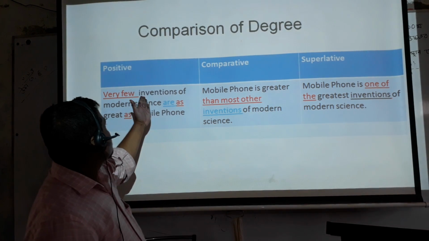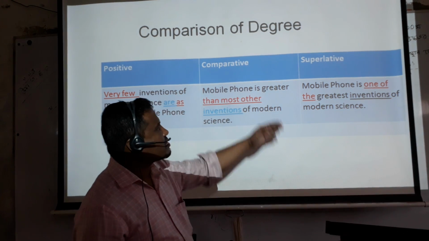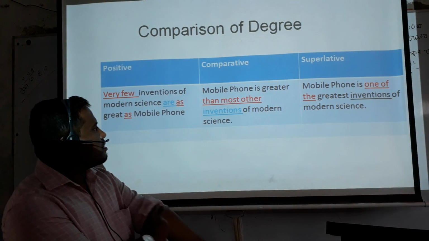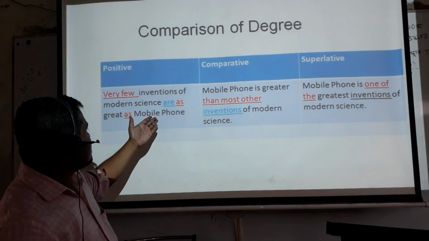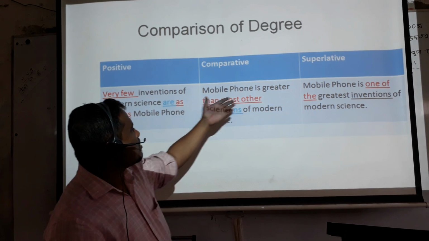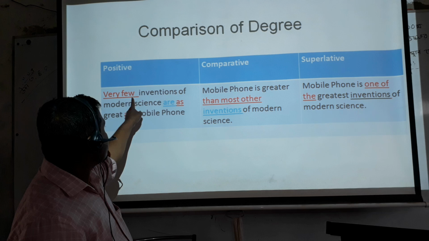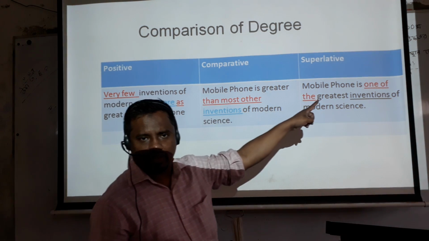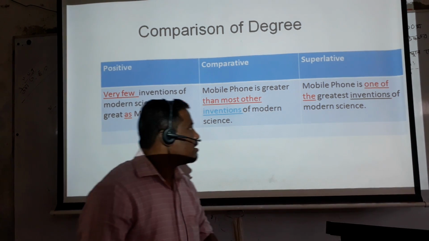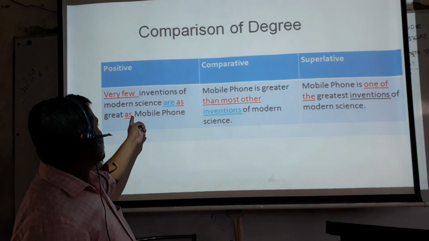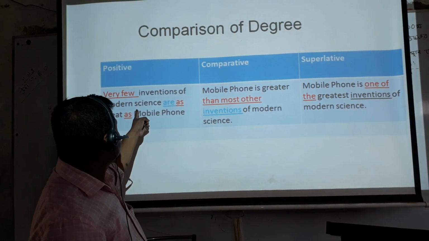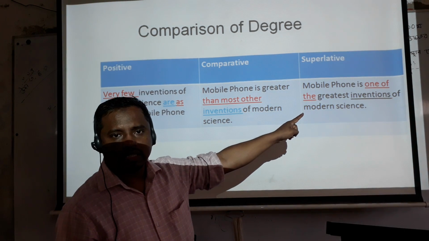And if you are asked to transform the positive sentence into superlative, then you have to start in this way. The last subject, mobile phone, then verb is. If the sentence begins with very few, you have to use one of the. And then the superlative form of great, the greatest.